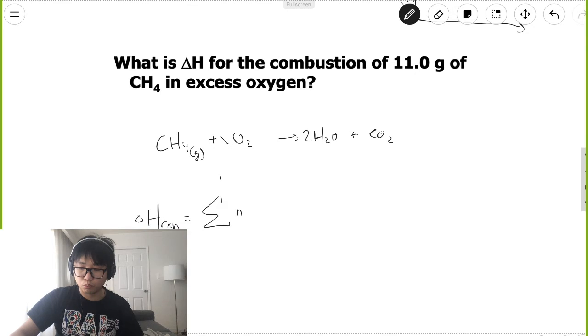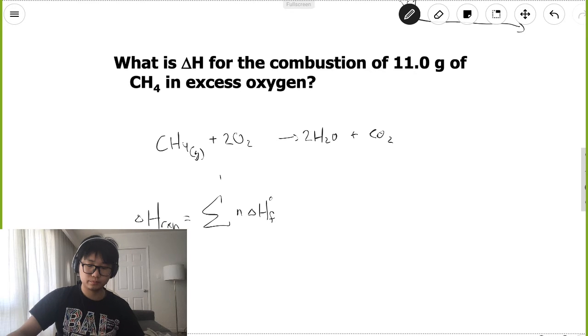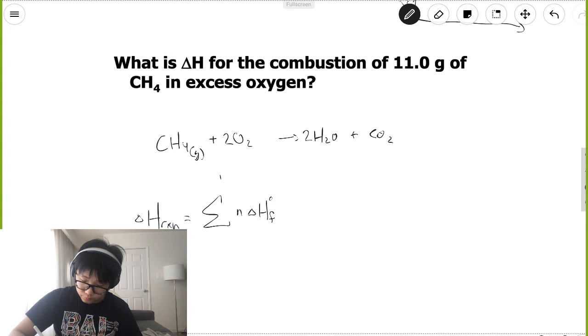and then we just need to put a 2 here, on the oxygen. So whatever you take the coefficient, you multiply by their delta H of formation, and then we're basically going to take the product. So we take each of the products, in this case, the H2O.